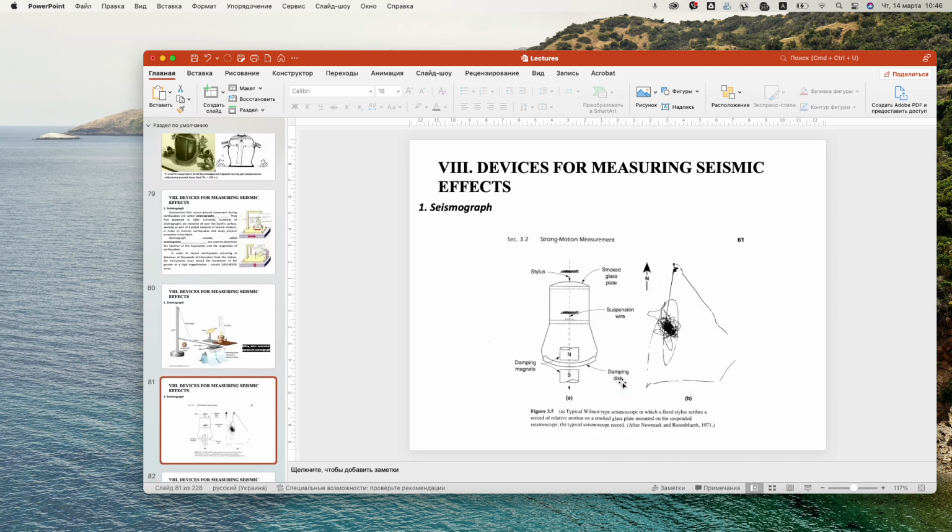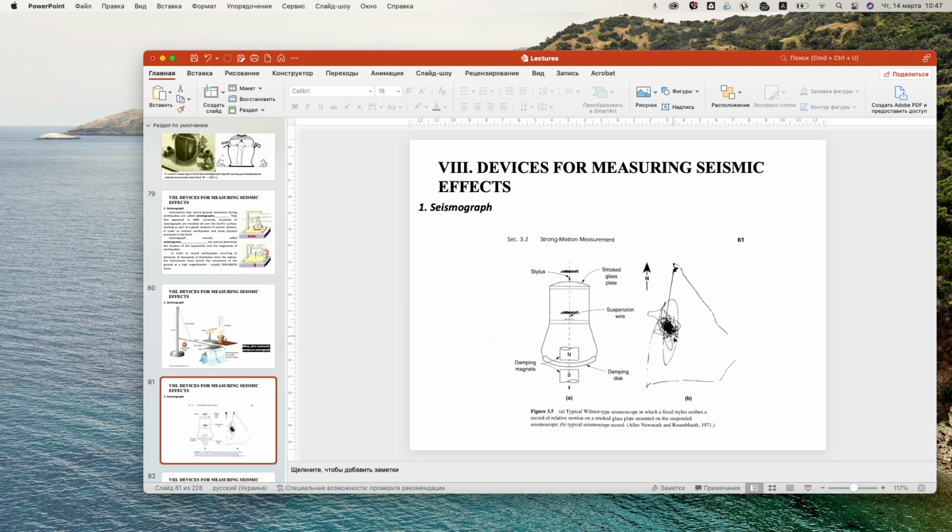Okay. And here you can find a more advanced device, which gives us an ability to make a record of the earthquake. Here you can see the 3D record of the ground particle movement during the earthquake, its movement in this direction and in this horizontal direction.